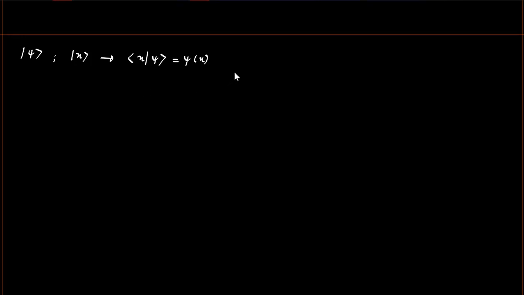Okay, similarly, when I operate this position state vector with the momentum state vector, I will get the corresponding equation like this: 1 over the square root of 2 pi h cross, e to the power i over h cross p into x.